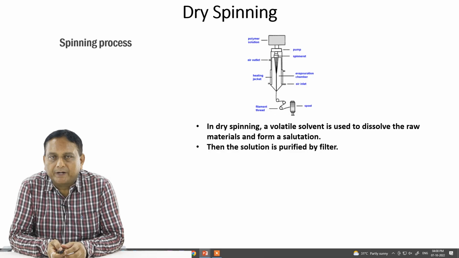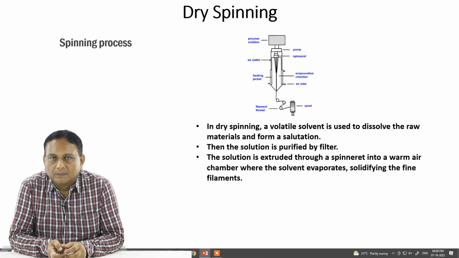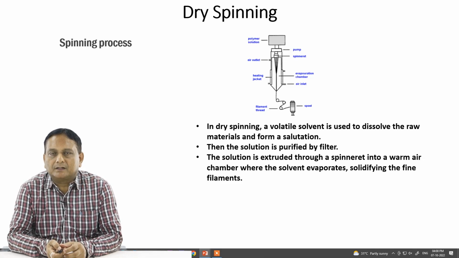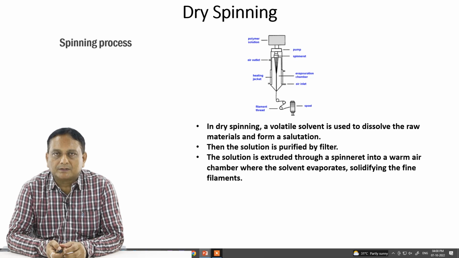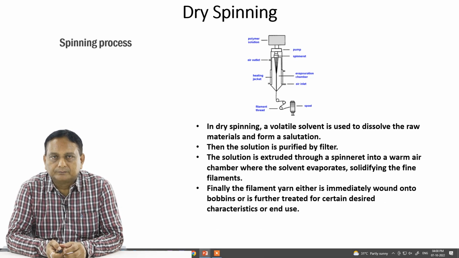Then the solution is purified by a filter, and the filtered solution is extruded through a spinneret into a warm air chamber where the solvent evaporates and solidifies the fine filaments. These are the different processes involved in dry spinning. Finally, the filament yarn either is immediately wound onto bobbins or is further treated for certain desired characteristics or end use.